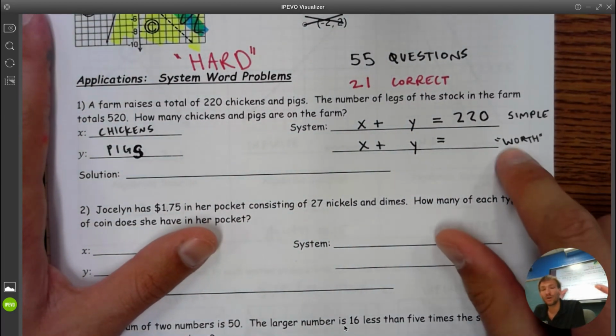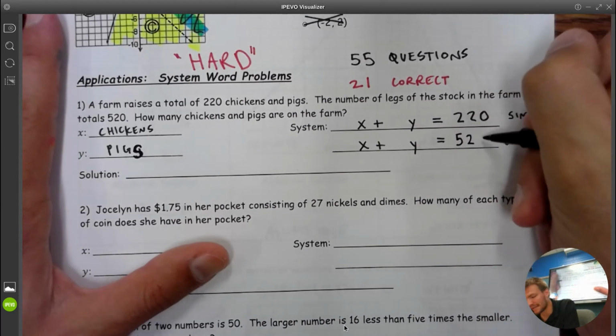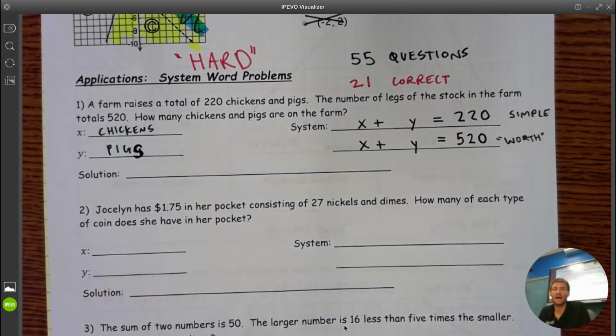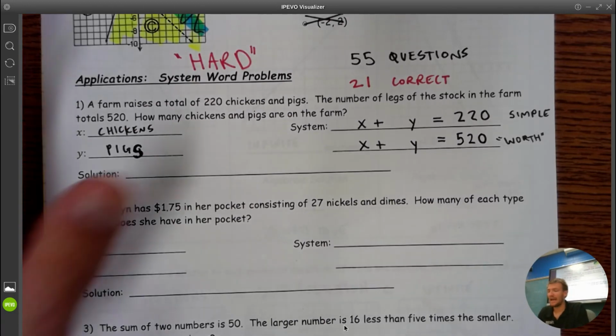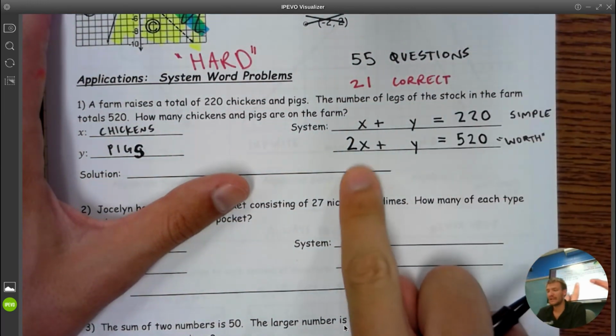However, this worth equation is a little bit more complicated because we have 520 legs, but chickens and pigs are not worth the same amount of legs. Chickens have 2 wings, which we don't care about, and 2 legs. So a chicken has 2 legs each.